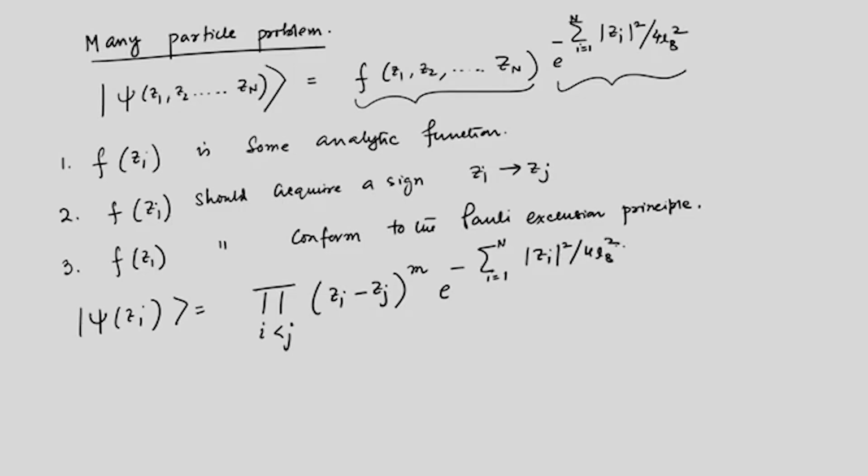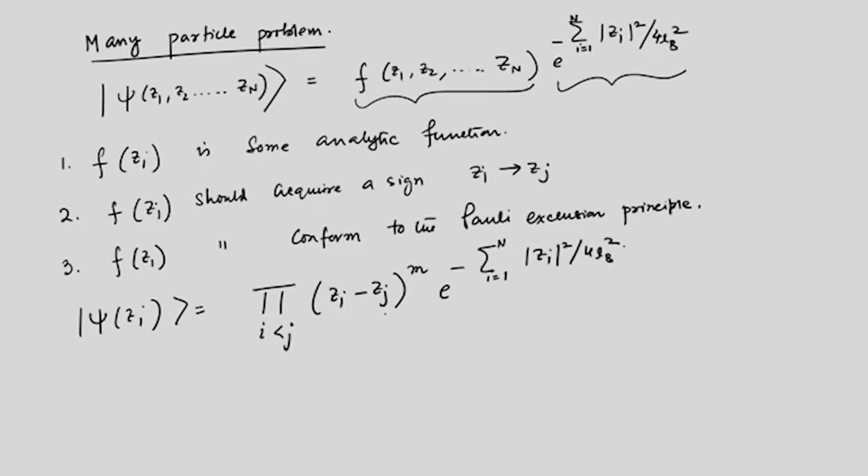Okay, so this is very clear. You see how this conforms to all the conditions that are written above. It is of course some analytic function, just a function of these two coordinates i and j pairwise, and small m is the angular momentum quantum number, which is the quantum number corresponding to Jz.